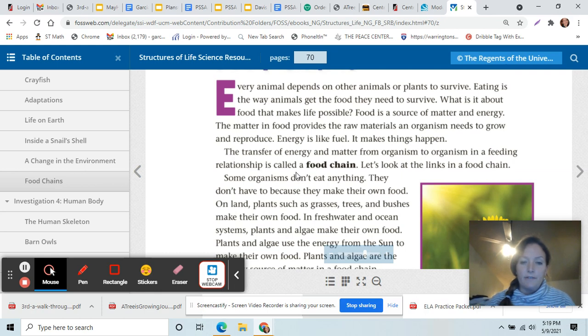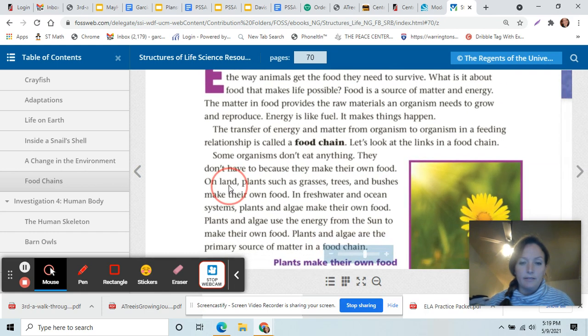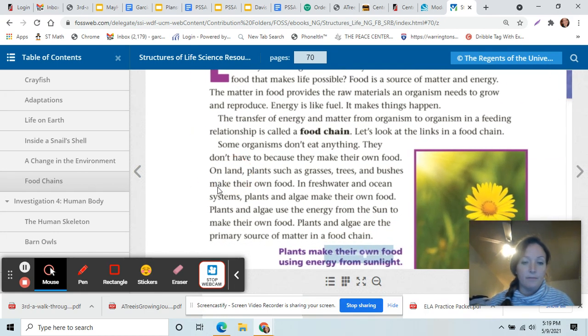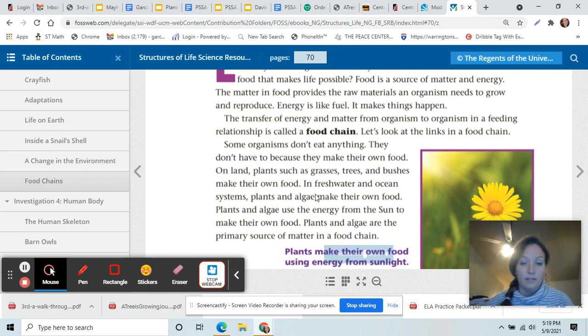The transfer of energy and matter from organism to organism in a feeding relationship is called the food chain. Let's look at the links in a food chain. Some organisms don't eat anything. They don't have to because they make their own food.